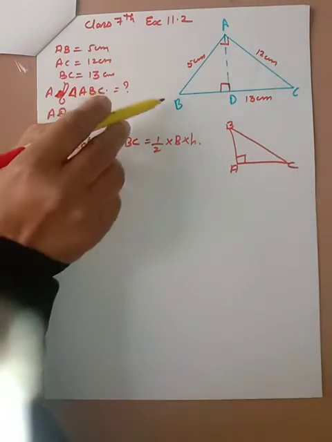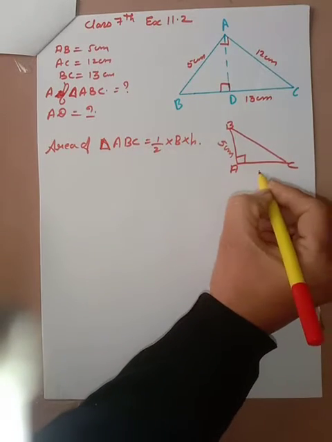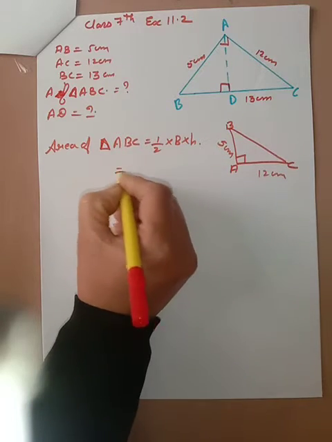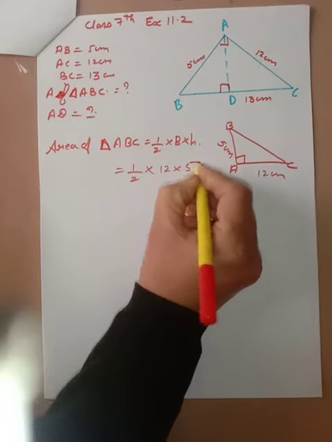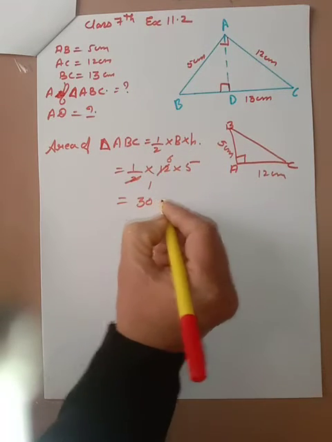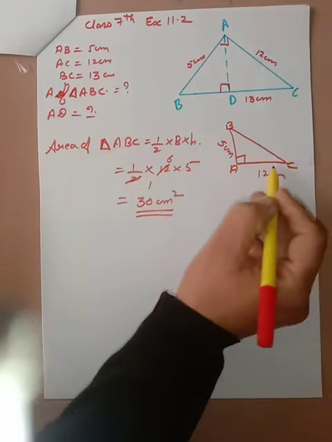And we know that AB कितना है 5 centimeter and AC कितना है 12 centimeter. This is our base and this is height. So half into base 12 and height is 5. 2 ones are 2, 6 fives are 30 centimeter square. Square इसलिए because we have found the area.